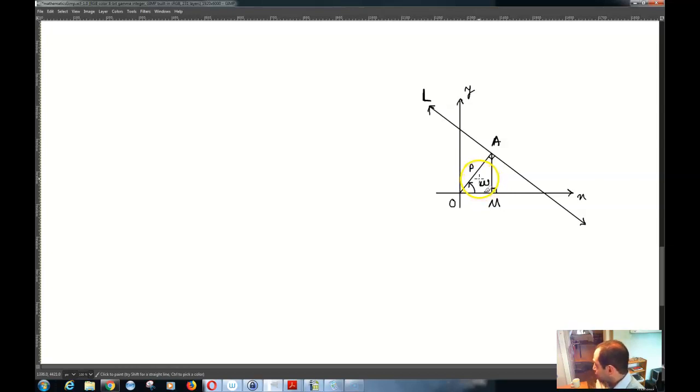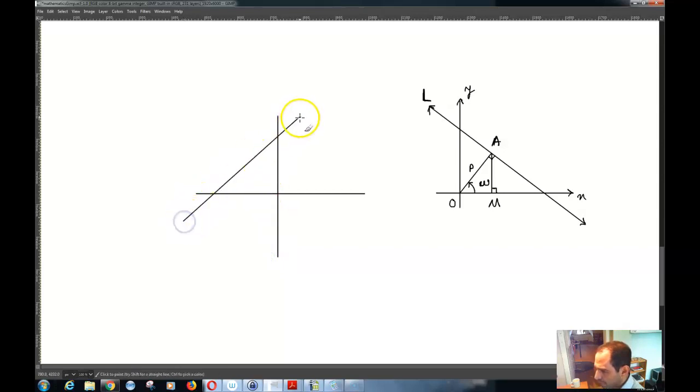Now there are four different possible positions for this line. You can put it in this position, or in the second quadrant, something like this, where this would be your normal, this would be your omega, this would be your P, and so on.